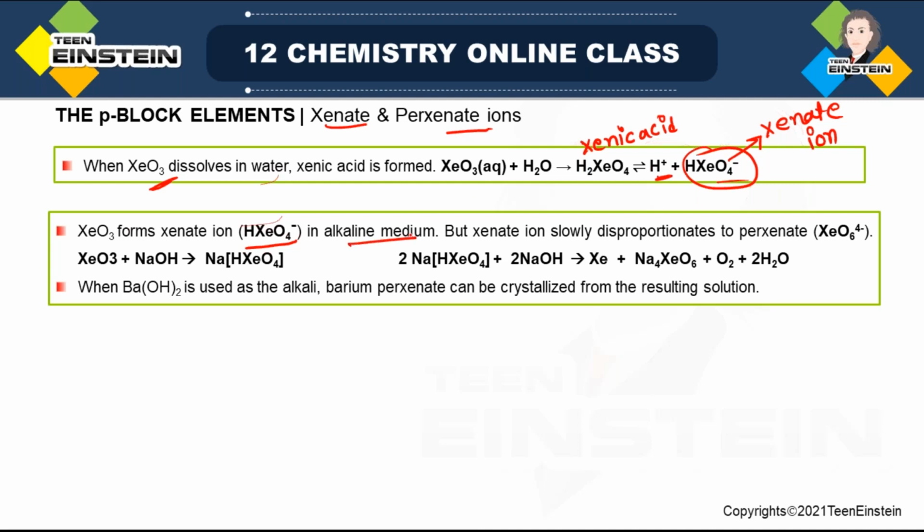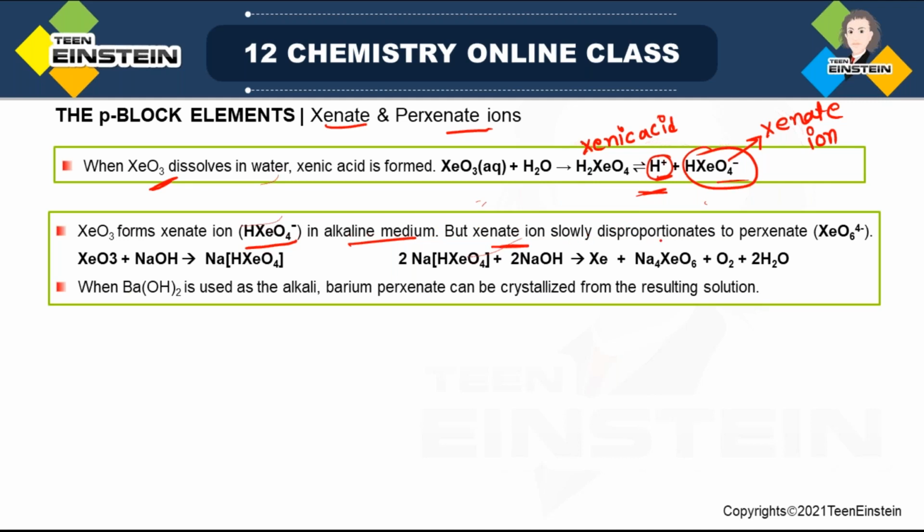If it is an alkaline medium, then it will be better, because after dissociation H plus is produced, and if you are using some base it will capture this H plus easily. As a result, the equilibrium will be shifted to the right-hand side, and the formation of xenate ion will be more facile. But this xenate ion also is not very stable.